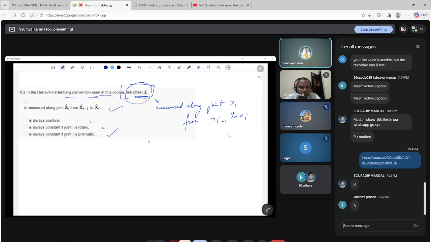Is it always positive? No, it is not always positive. The third option is always constant if joint I is rotary. If it is rotary, yes, the distance between the two joints would remain constant. And always constant if prismatic? No, for a prismatic joint, the di changes with motion. So the correct options are these.